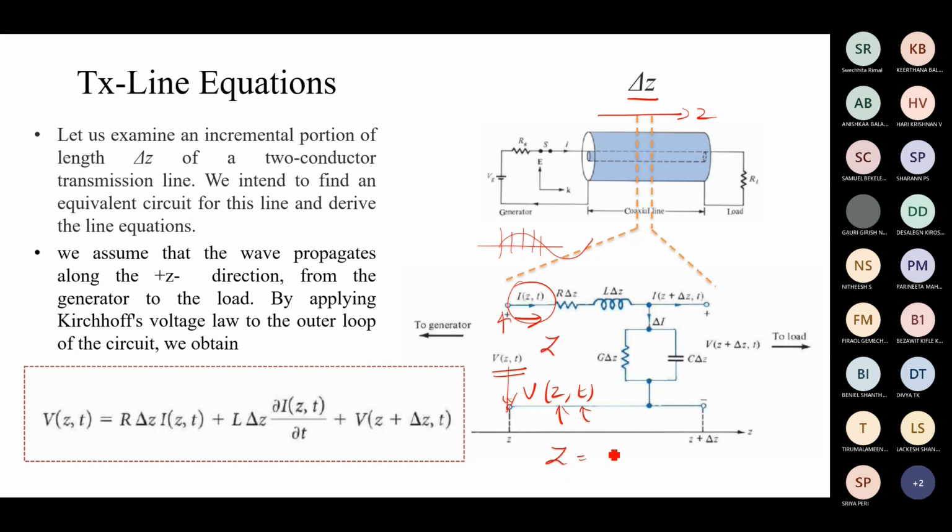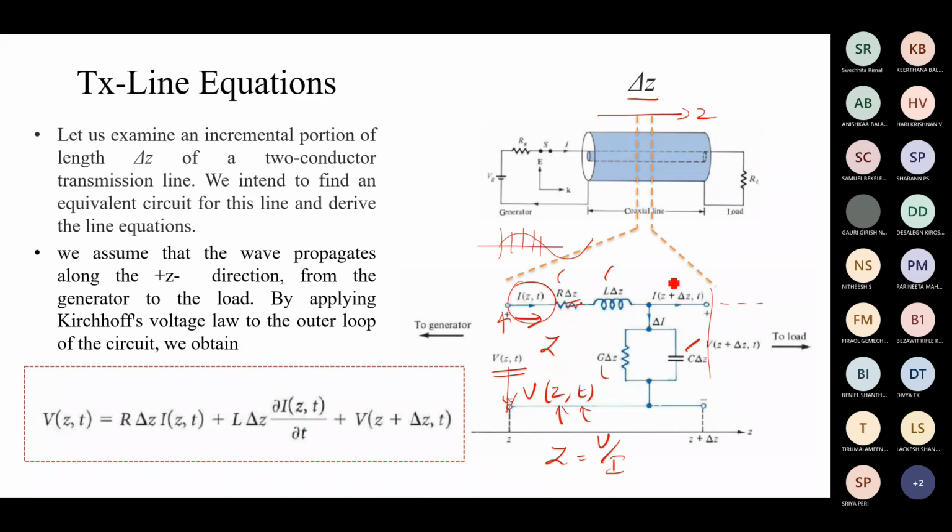Now, with respect to this V and I, the ratio will give the impedance. We already know that Z is nothing but the complex ratio of voltage and current. They give rise to the expressions for the resistance, inductance, capacitance, and conductance, which are multiplied with del z. So for a small distance these values are calculated, and the same element keeps on repeating, which we call the distributed elements.